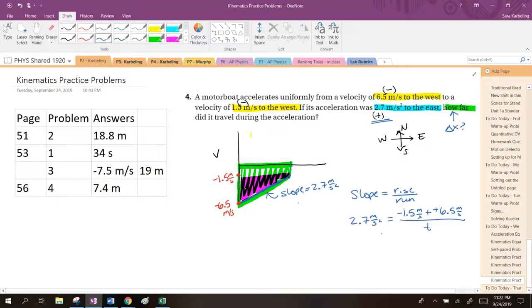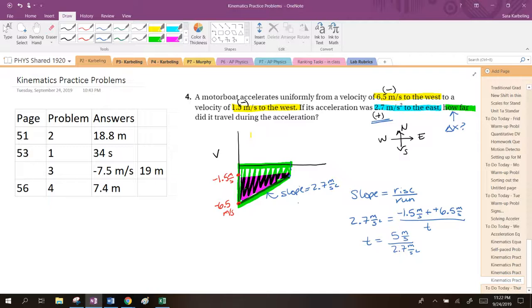So I'm just going to rearrange this. Time is equal to, so that's going to be 6.5 meters per second, is how much faster we got. And our slope was 2.7 meters per second squared.